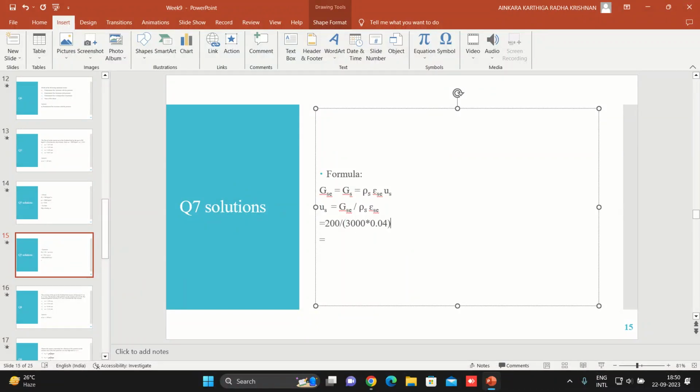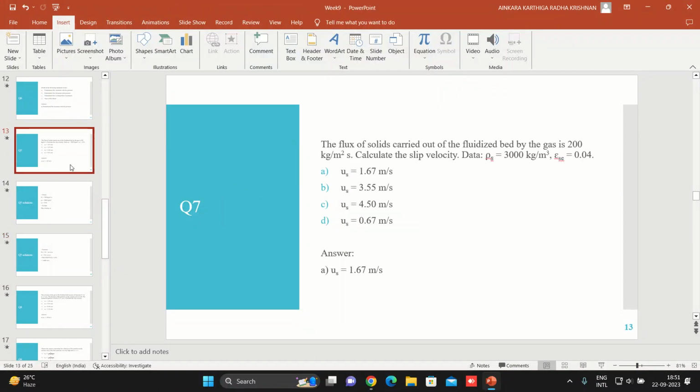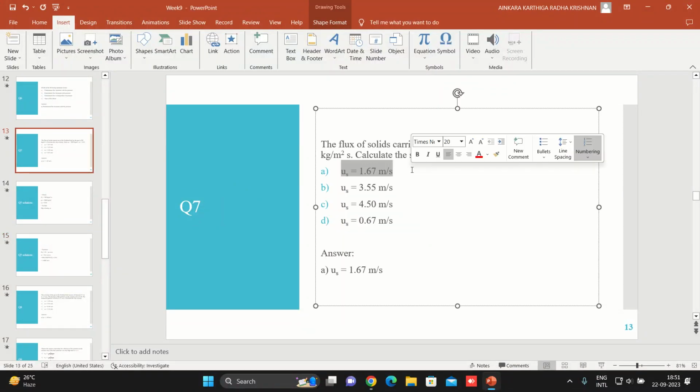So what actually comes is 1 divided by 0.6. What is 1 divided by 0.6? 10 by 6, it is 1.6667 meter per second, or approximately 1.67 meter per second, which is in the options. So the answer is option A, 1.67 meter per second.